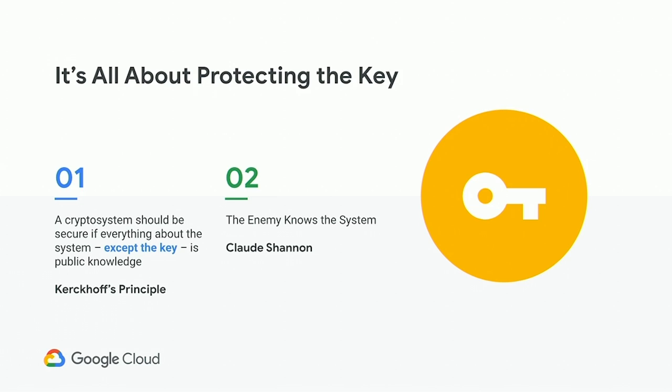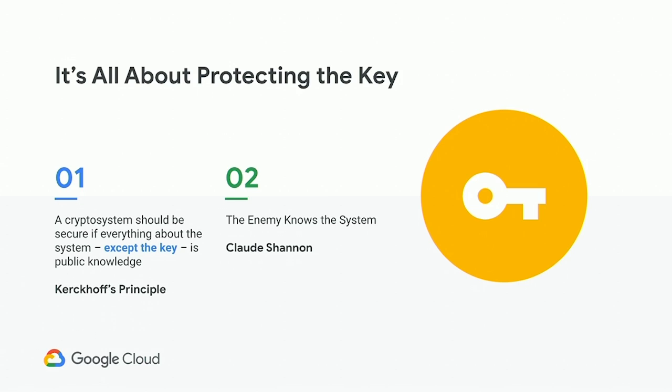If you're looking at that number, the private key, there are a number of principles to apply to protect those numbers or keys. One is Kirchhoff's principle, which says that in a cryptographic system, everything should be known except the key. So what you should really spend your time on is protecting the key.